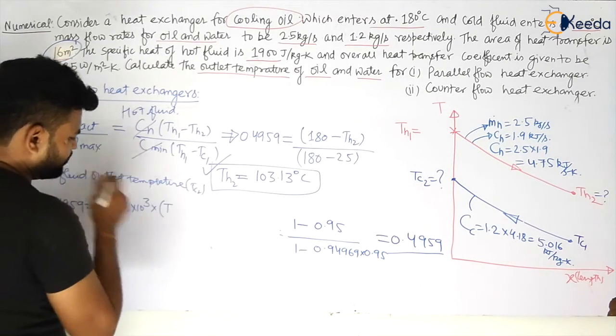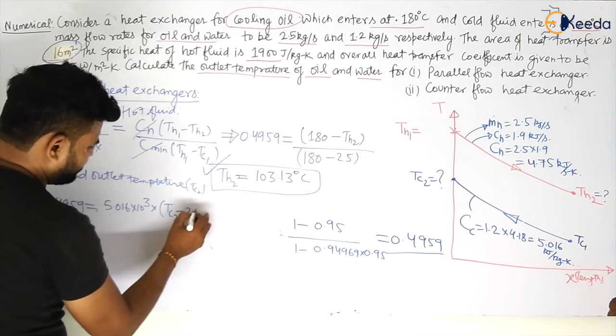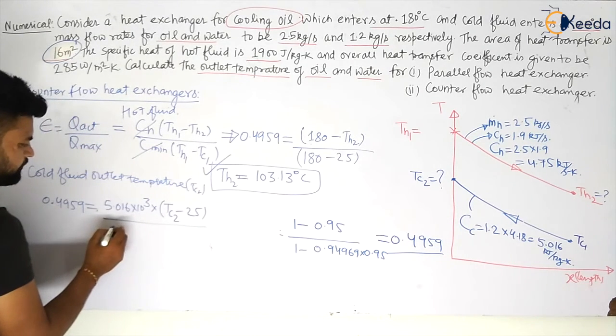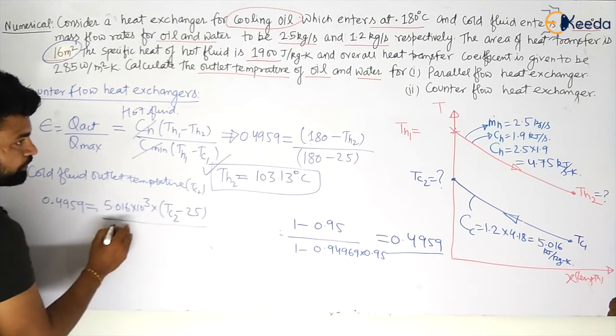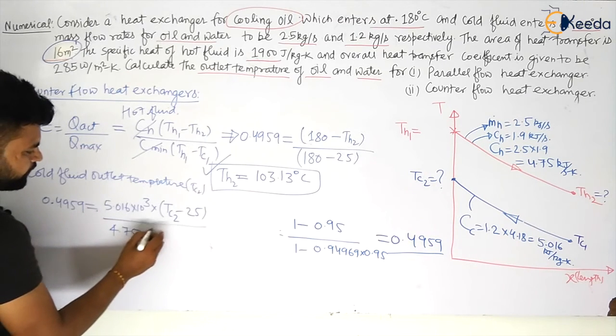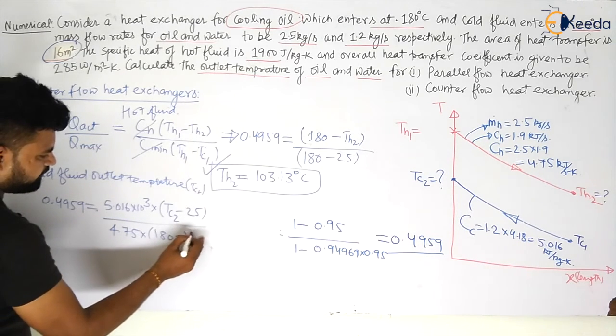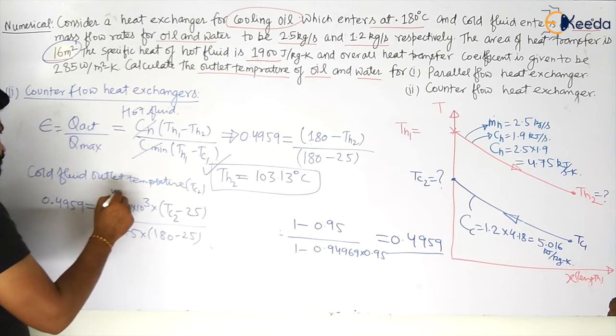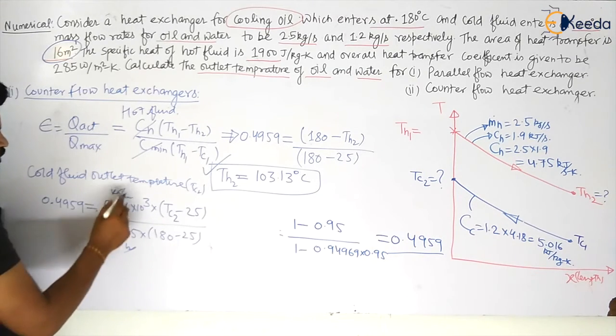We have to calculate TC2; TC1 is 25. Again, this will be nothing but C minimum, that is 4.75, into 180 minus 25. Now the units are the same, kilojoule per kg Kelvin, no problem.